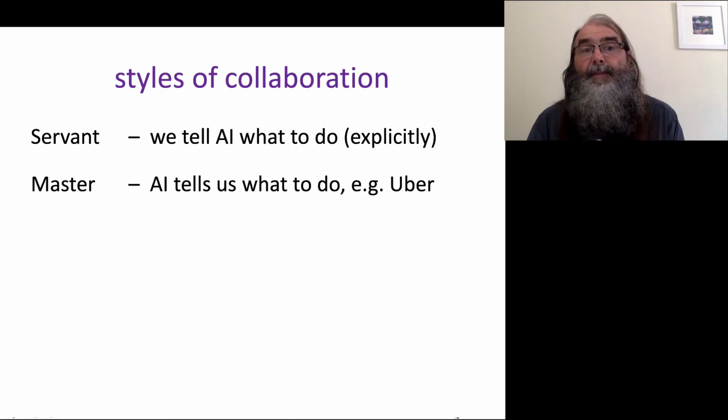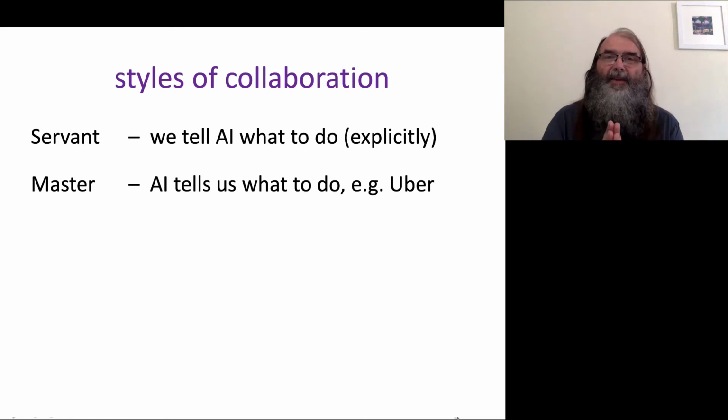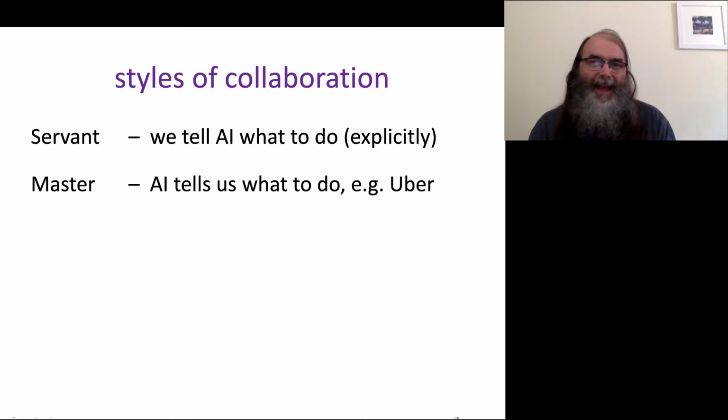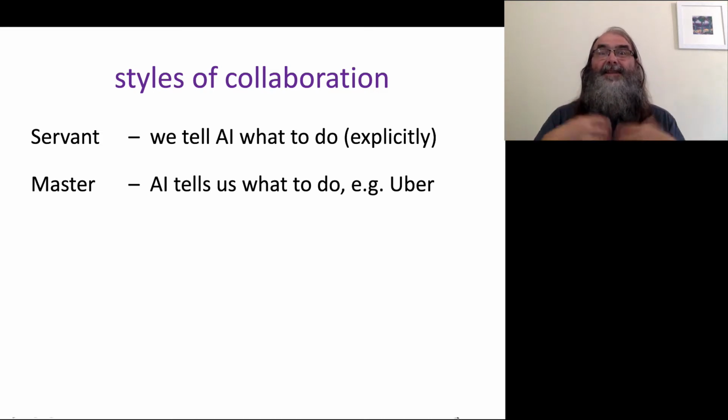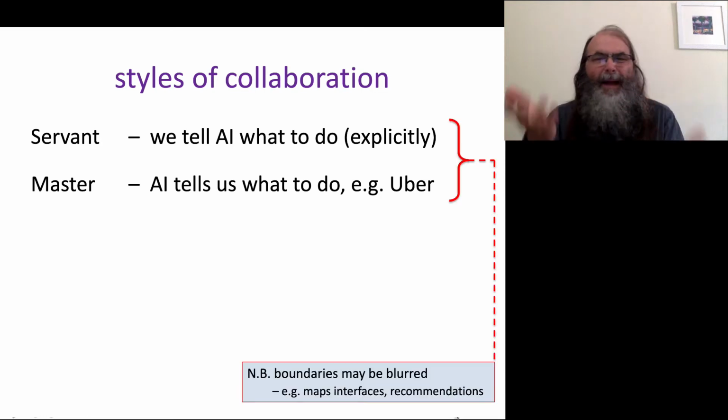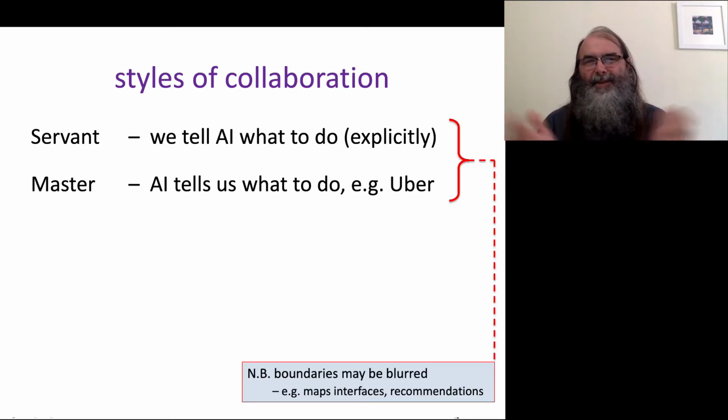There are, of course, times when it's the other way around. So something like Uber perhaps telling your drivers what to do. And maybe when you get hit by millions and millions of notifications, you feel like the AI is in control. And the boundaries between these can be a bit blurred. So it's not that any system fits entirely into those patterns.